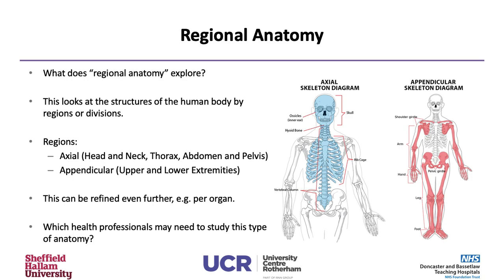In that case, to become a midwife, it would be female anatomy. Can you think of any others? So maybe explore what type of profession you want to move into, and what types of regional anatomy you might want to specifically focus on. And when we start looking at organs next week, this is when we'll start to combine this kind of concept.